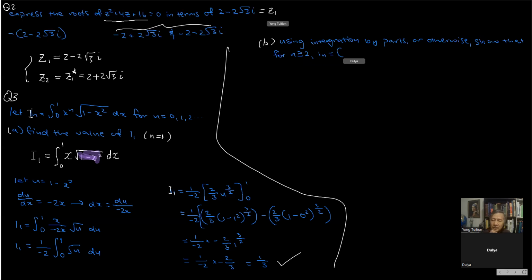Wow, n larger than 2. So this is the general formula, right? The general formula. Wow, that's fun.